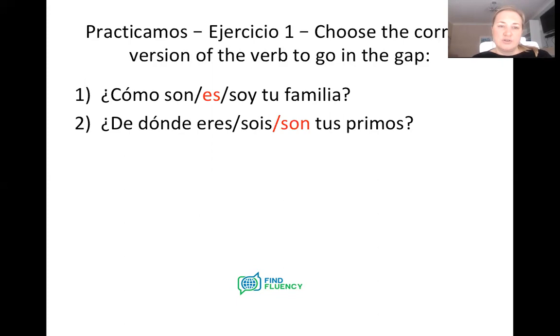Number 2, ¿De dónde son tus primos? So where are your cousins from? If you're struggling with this, the way around it is to think about how you would refer to tus primos. So tus primos are your cousins. If you were talking about your cousins, would you refer to them as I?